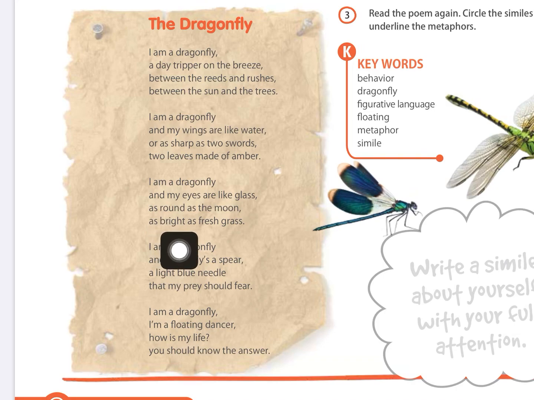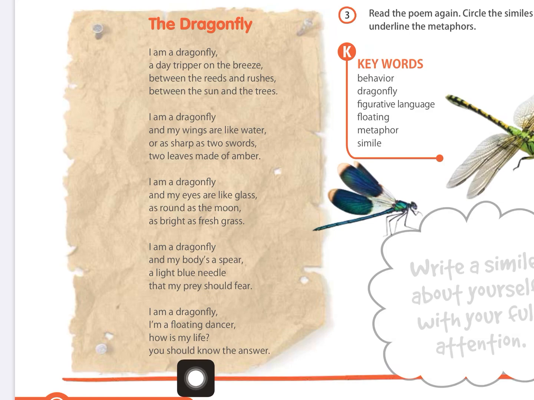I am a dragonfly, and my eyes are like glass, as round as the moon, as bright as fresh grass. I am a dragonfly, and my body is a spear, a light blue needle that my prey should fear. I am a dragonfly, I'm floating dancer.